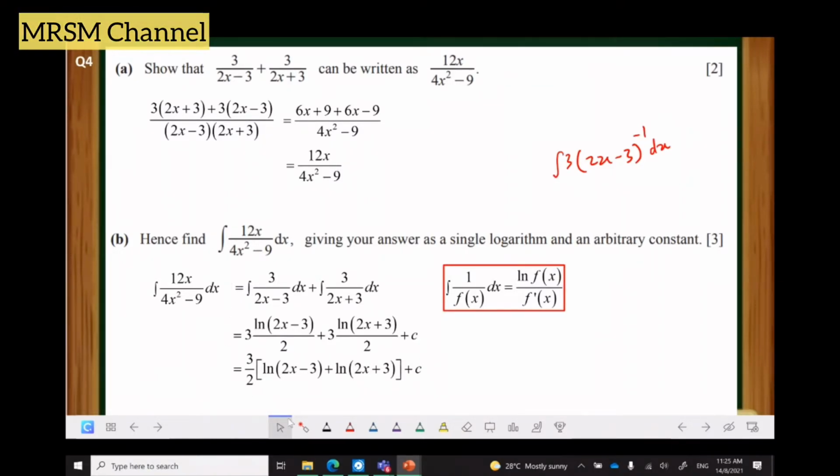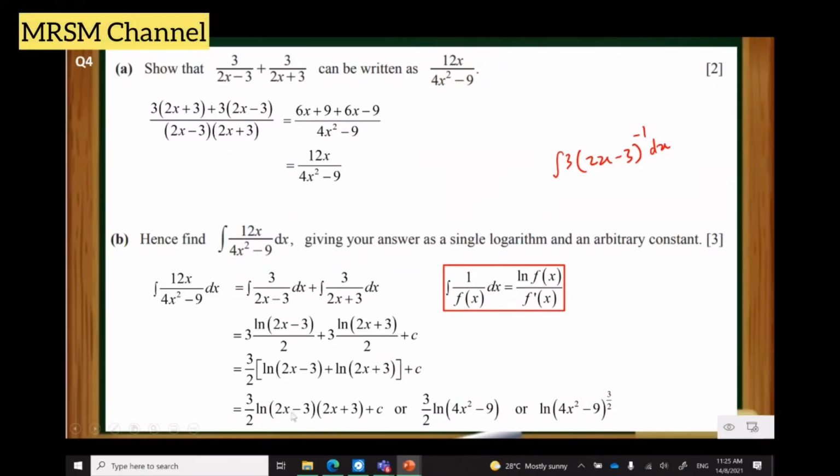Okay. Right, so this is not the simplest answer form sebab soalan kata giving your answer as a single logarithm. Sekarang kita ada dua ni logarithm ni. Sini satu, sini satu. Okay, so use the law of logarithm. Log A plus log B, bila plus tengah-tengah ni dia akan jadi multiply.